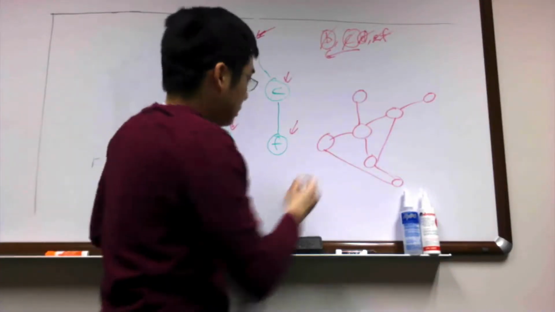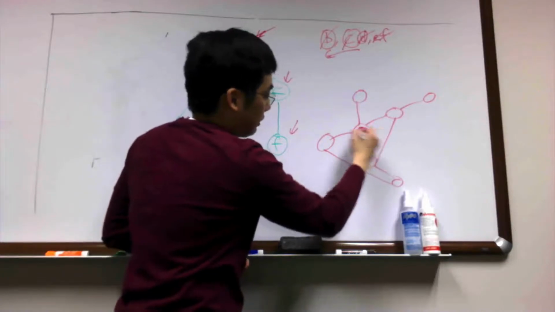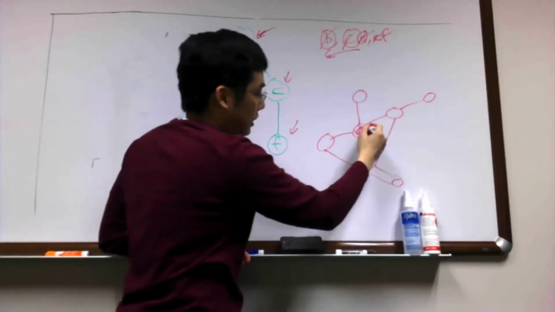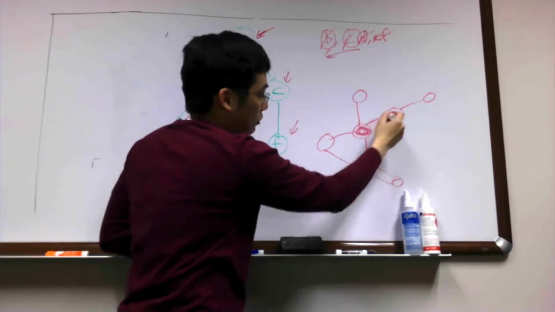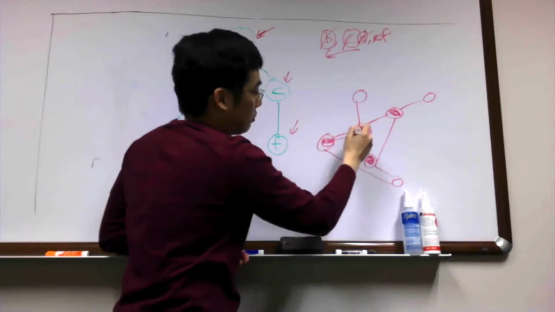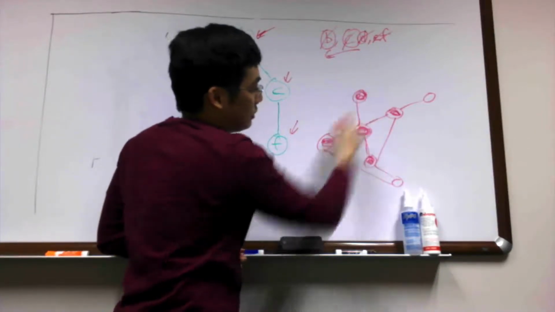Breadth first search would start at some initial state and then try all the one hop neighbors away. It would try one move this way, one move that way, and then it would continue expanding out.